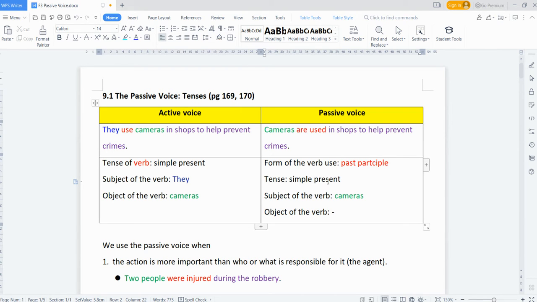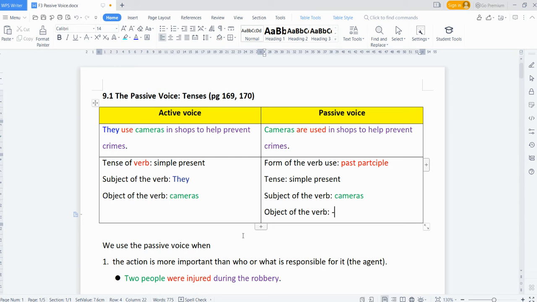The tense is still present simple. The subject of the verb is now cameras, not they anymore. And then there is no object in the sentence. So this is how you differentiate active and passive voice.